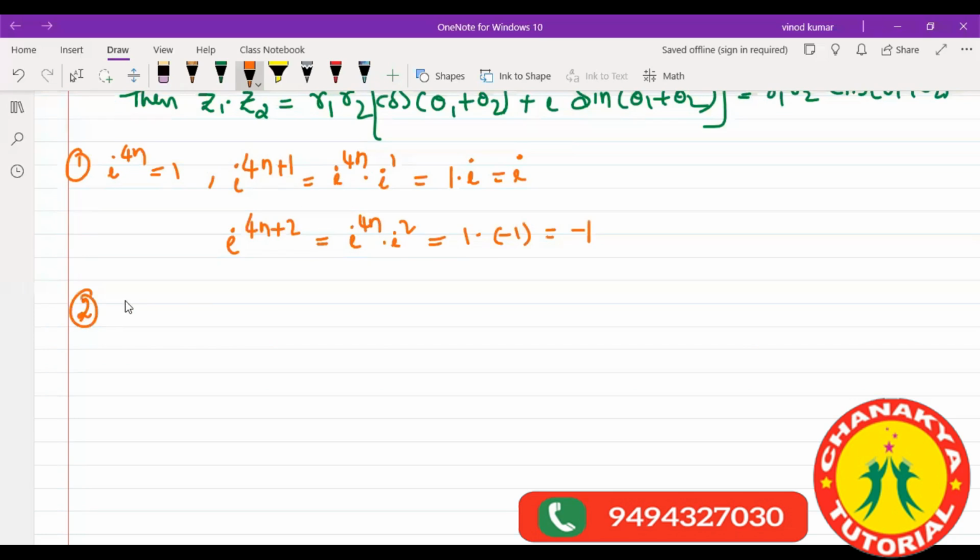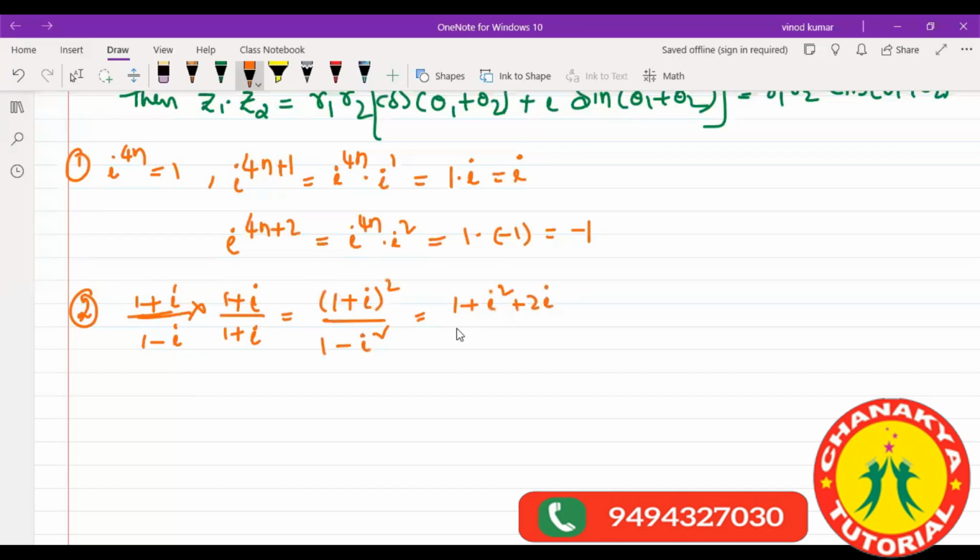And the value of 1 plus i by 1 minus i. We just multiply and divide by 1 plus i, that is 1 plus i by 1 plus i. This is rationalization. So 1 plus i whole square divided by 1 minus i square. That is 1 plus i square plus 2i by 1 minus of minus 1, since i square is minus 1.